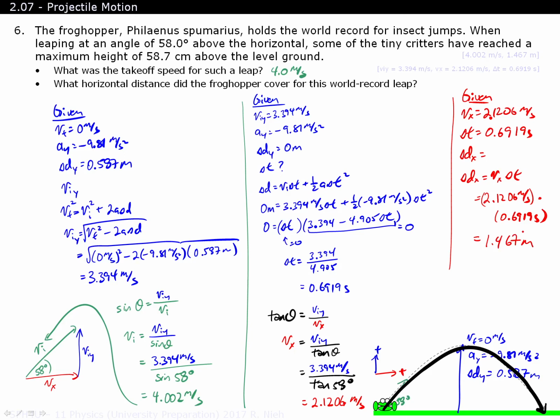Seeing that our givens are 3 sig fig, we'll comfortably state that the horizontal range of this frog is about 147 centimeters. That's how far it can jump.